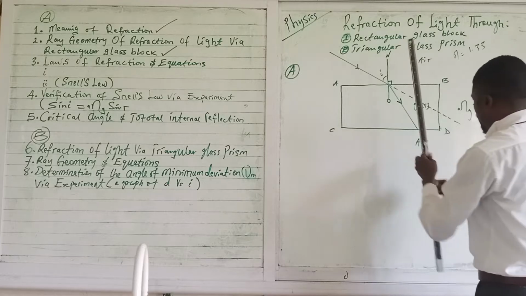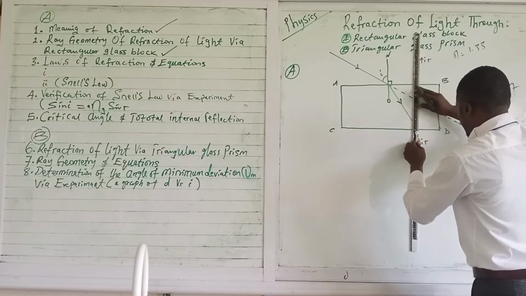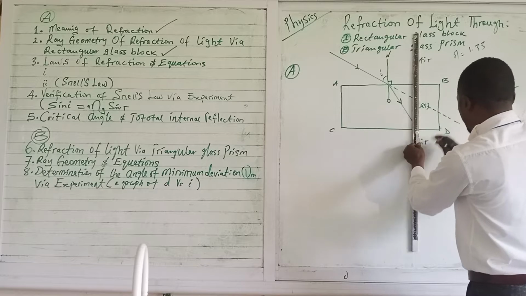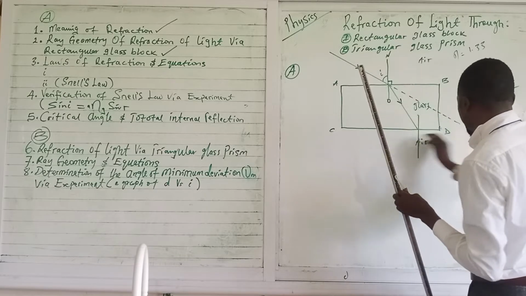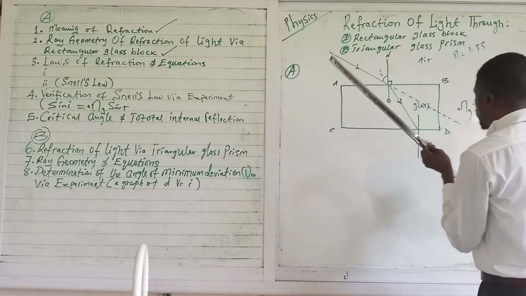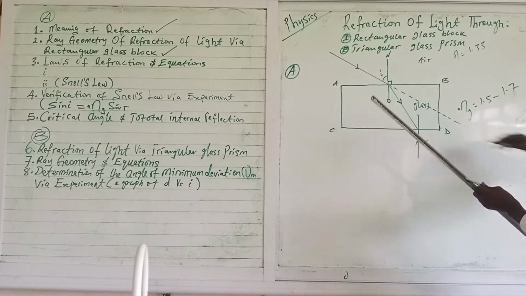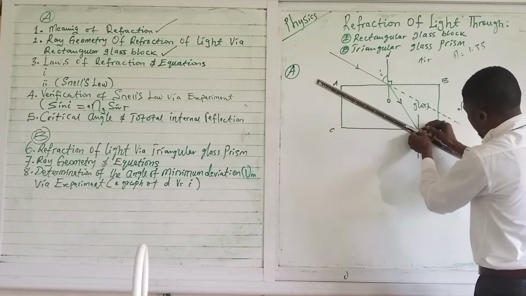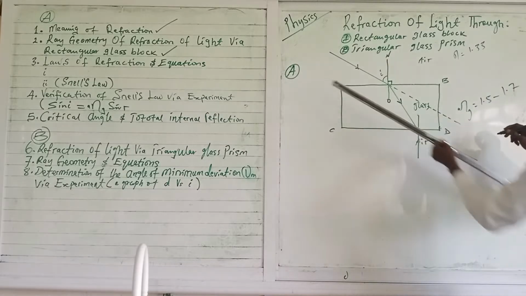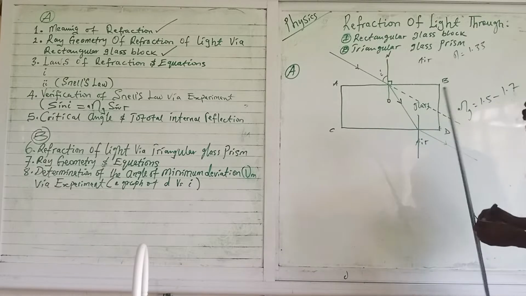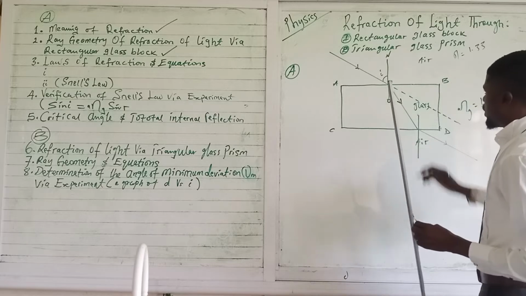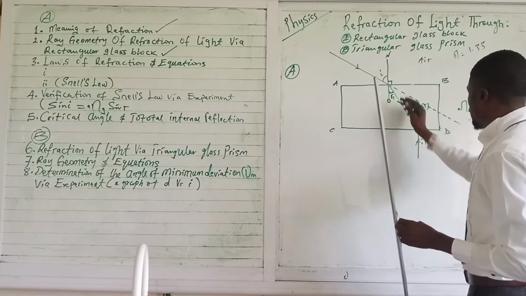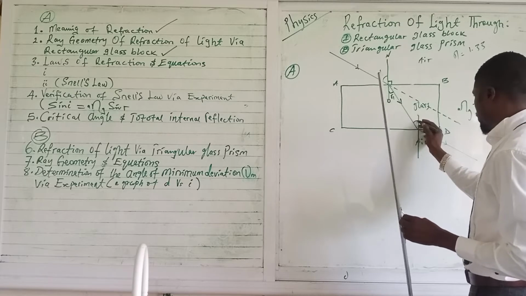And then at this surface, you draw another normal perpendicular to this surface, CD. So the light ray will also go out, and then it will emerge. So there are two angles here. This angle we can call R1, and this angle is the same thing with this angle.